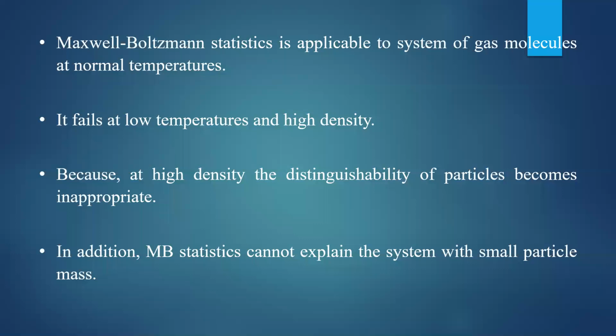If we take a particle of very small mass, then we cannot explain the system using Maxwell-Boltzmann statistics, because when small mass is considered, the theory of relativity comes into account, and there you cannot explain the system using Maxwell-Boltzmann statistics.